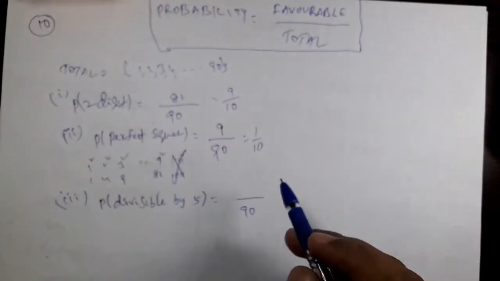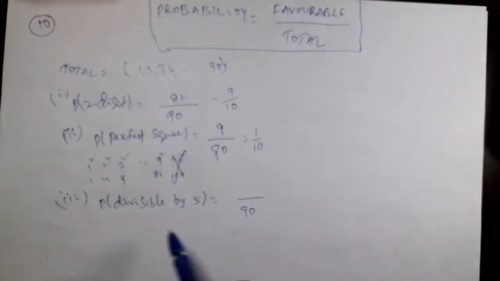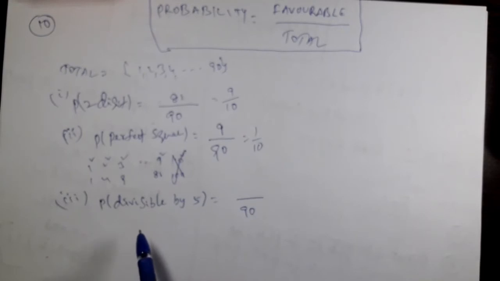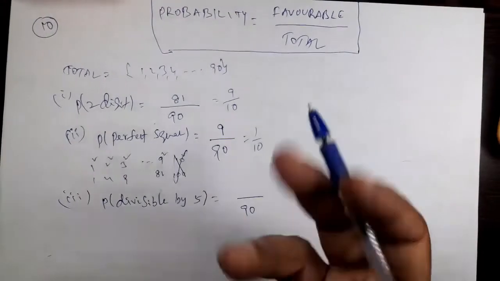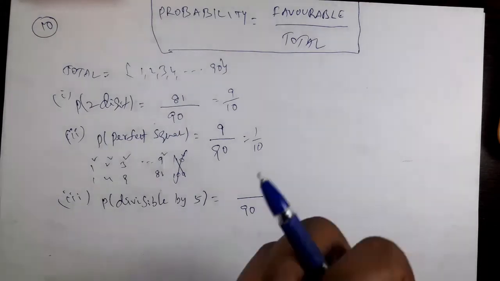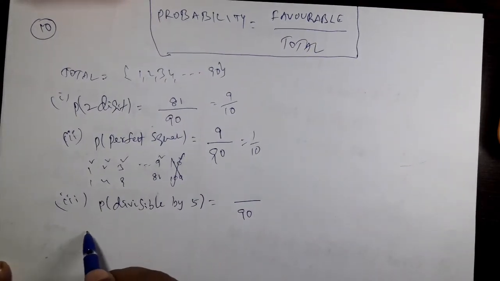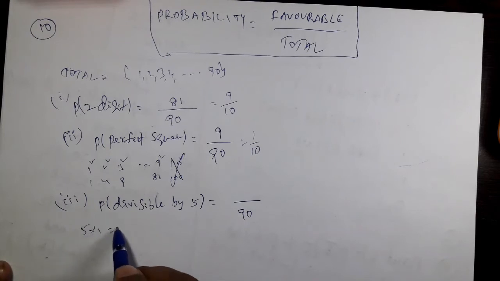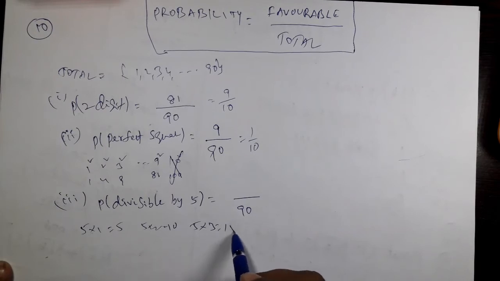Coming to the numerator, how many of these 90 are favorable to this case? This case means that should be divisible by 5. Which number is divisible by 5? All multiples of 5 are divisible by 5. Multiples of 5 means 5 ones are 5, 5 twos are 10, 5 threes are 15, and so on.